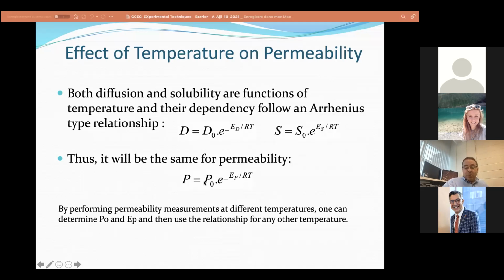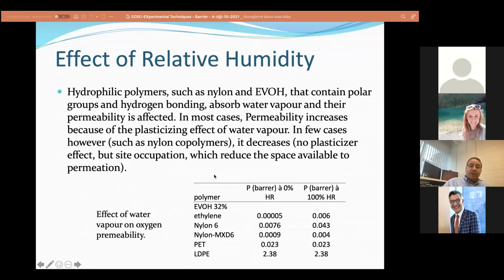And it has a similar relationship. You can also find tables in reference books in which you have this activation energy and the permeability at a certain reference temperature.